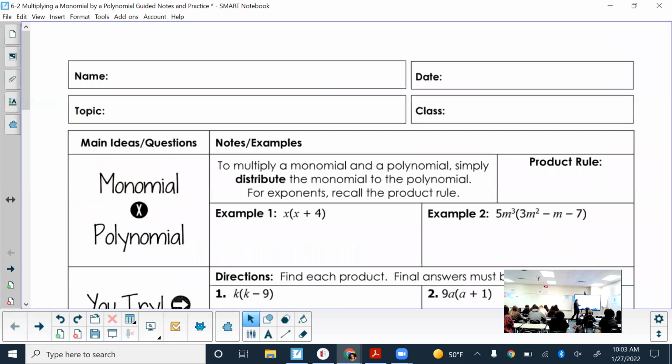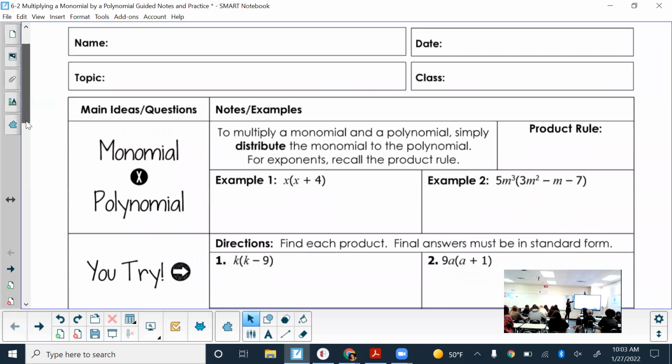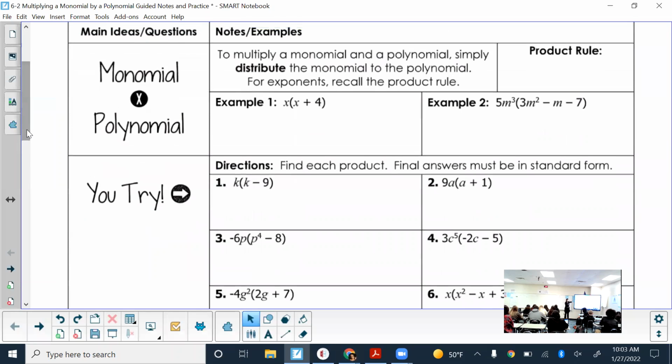All right, so have this note sheet in front of you, the one that looks like this. It's the one you picked up on your way in. The multiplying is actually split up into 2 lessons. For this lesson, we're just looking at a monomial, which, what does a monomial mean?